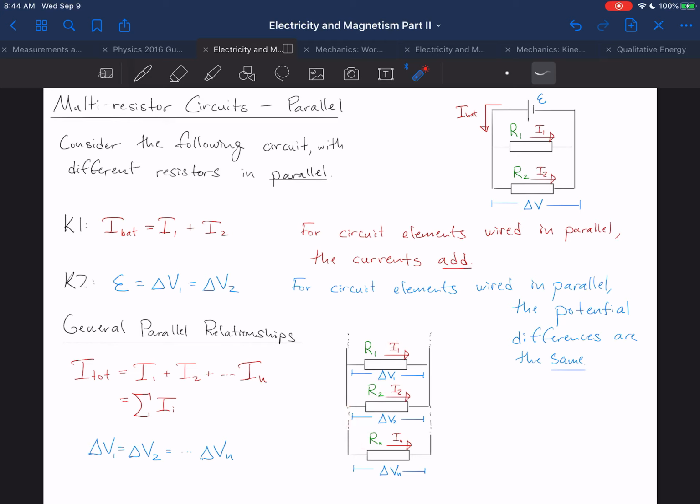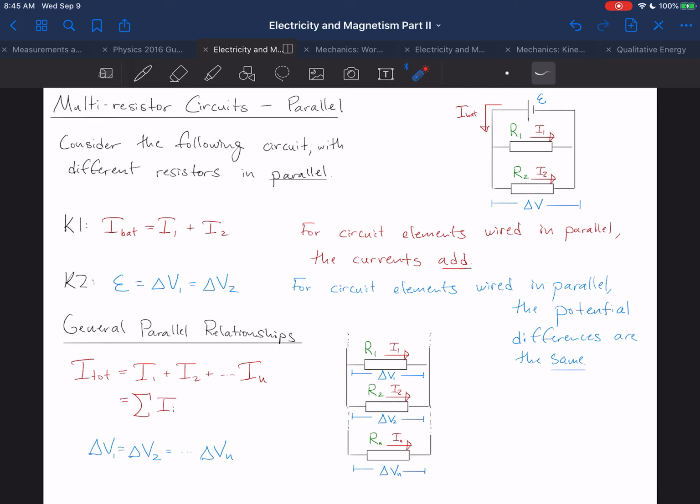If these resistors are in parallel, then the current through each of them will add up to be the total current entering or exiting that particular part of the circuit. So I total is the sum of the I sub i's. Similarly, for the potential differences, delta V1 is equal to delta V2, which is equal to ... delta Vn. So the potential drop is the same across each of the branches.